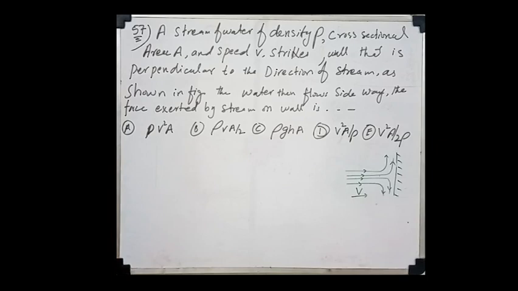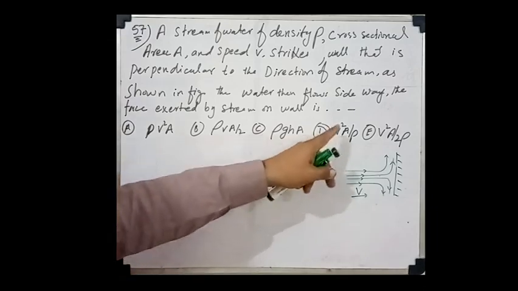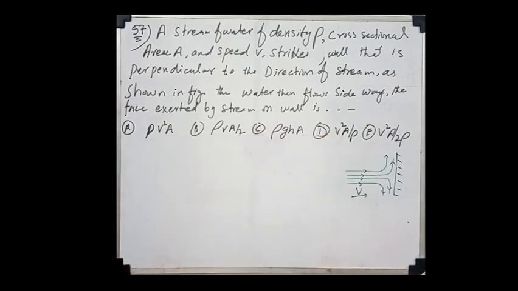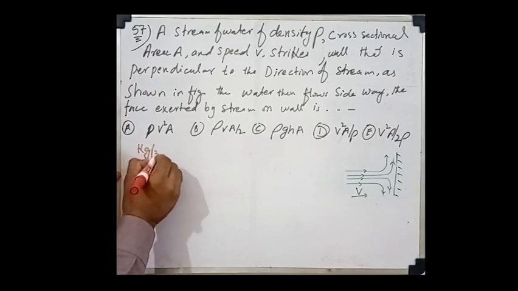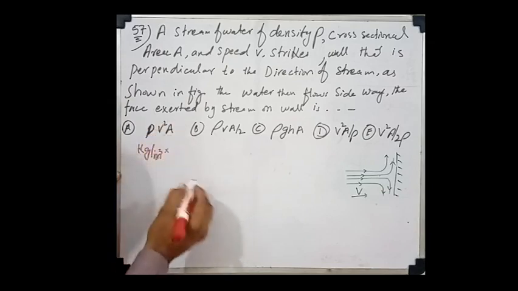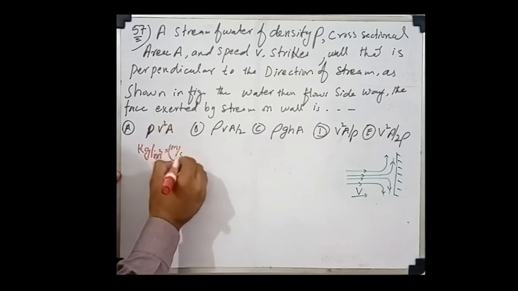So we have two methods. The first is dimensional analysis. We will find the dimension of each formula and mention which of the following is the same as that of force. So first, density: kg per meter cube. Kg per meter cube multiplied by velocity squared, meter per second square, and area, meter square. If we calculate, meter square times meter 4 cancels, and this will be equal to kg meter per second square.